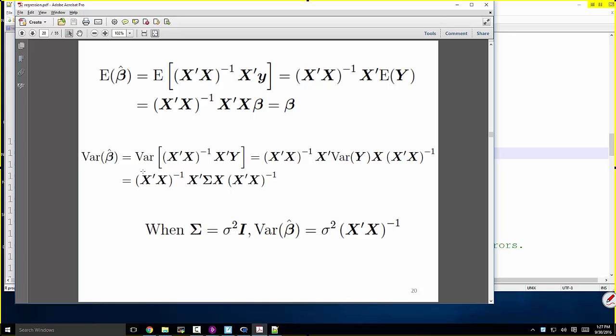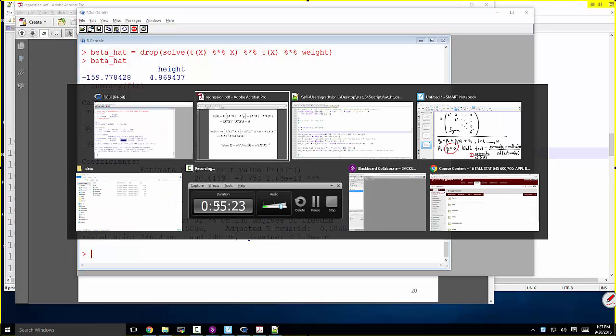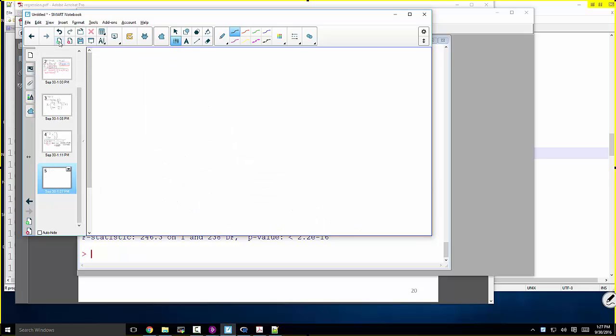The variance of beta hat is going to contain these standard deviations. If beta is a vector, like it is in our case, beta 0, beta 1, just two elements for a simple linear regression model, let's put hats on these to indicate these are the estimates.